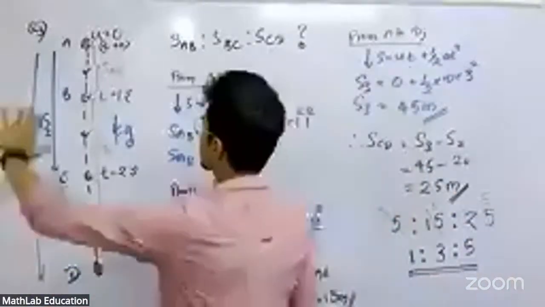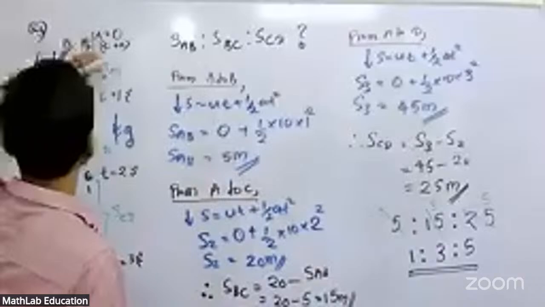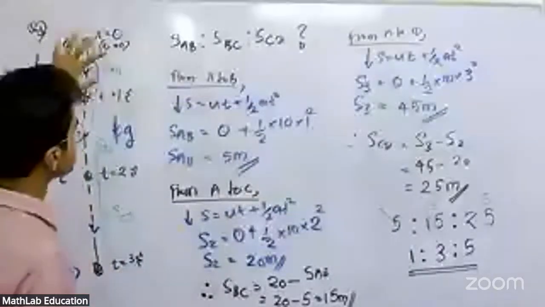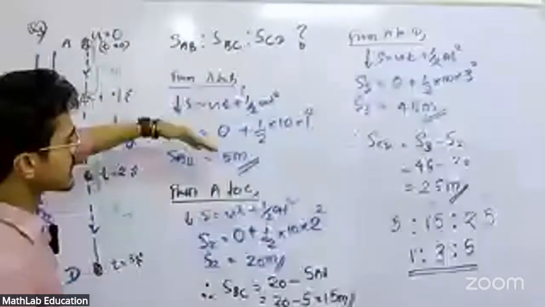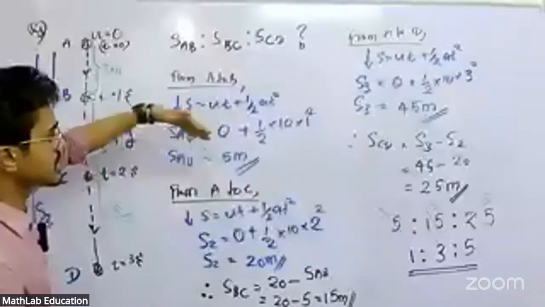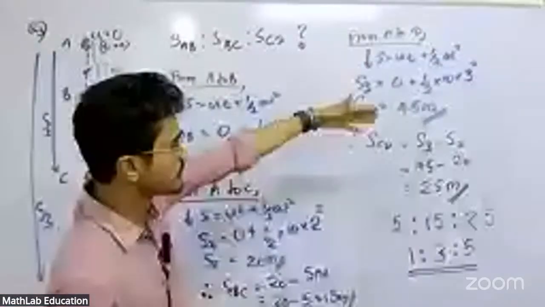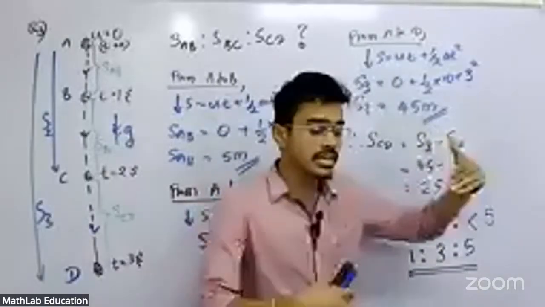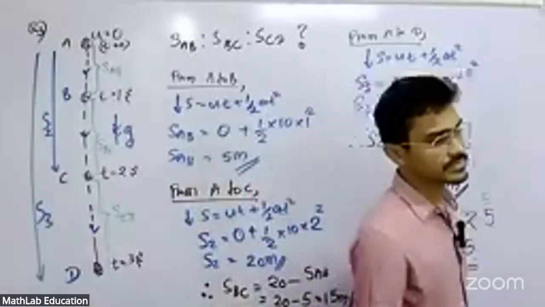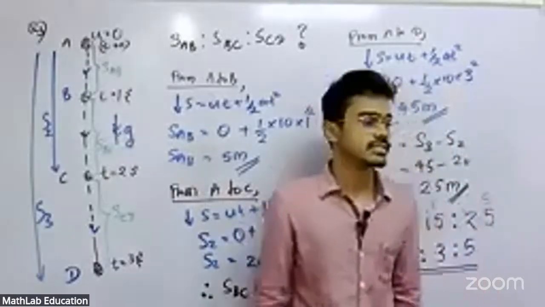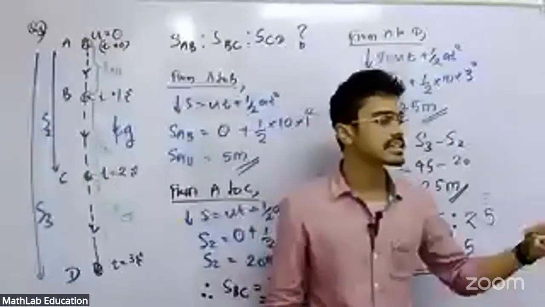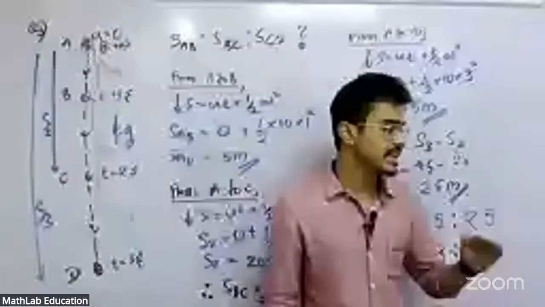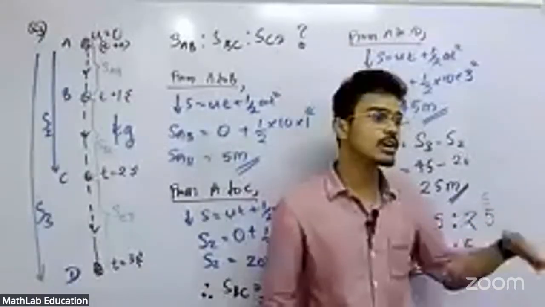Now if something is falling under gravity, from second to second, the distance increases 5, 15, 25, so it goes like 1, 3, 5, 7, 9. So likewise, it increases. What's the reason? The reason is the impact of gravitational acceleration, because it is not moving with a uniform velocity.